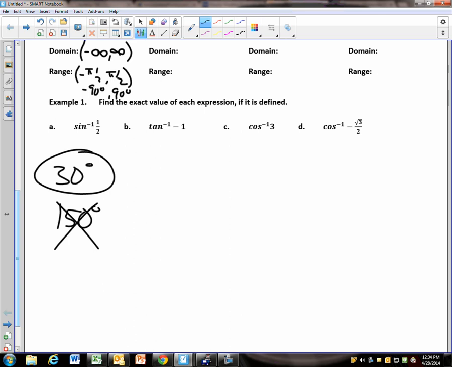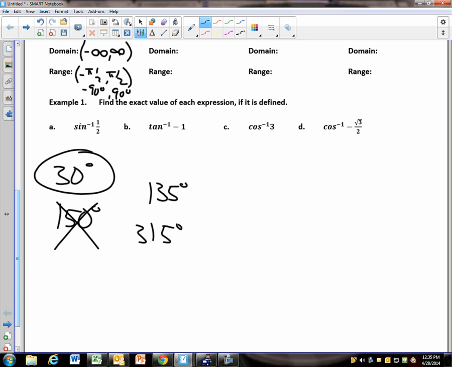Now we want to do tangent inverse of -1. Look at your sheet. Where is tangent equal to -1? 135 and 315. Well, tangent inverse has to give you values between -90 and +90. Which one of these is between -90 and +90? Neither. Oh boy.